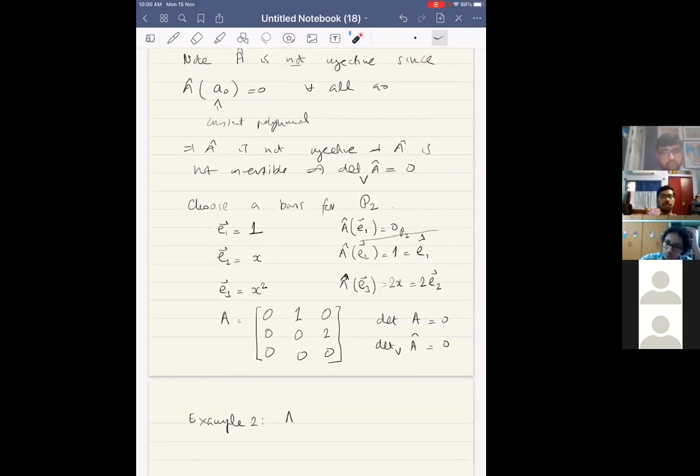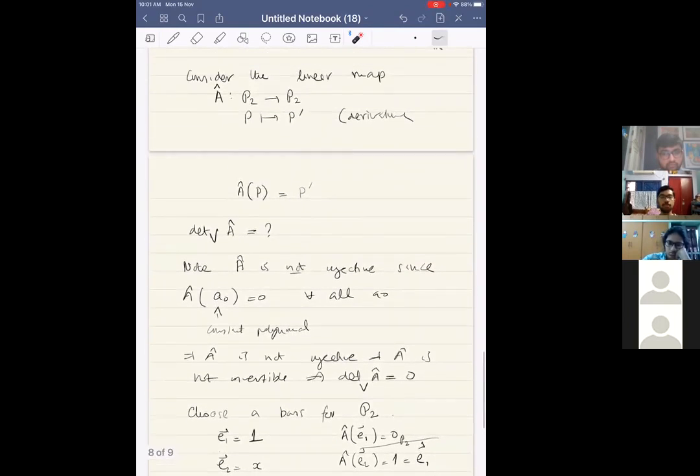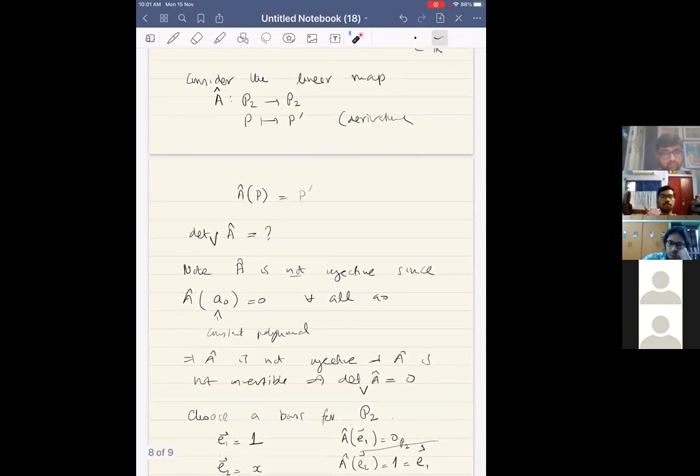Yes, A hat E1 will be written as A times E1. No. What is my definition of A hat? I start with the definition of A hat, and then you have to find the corresponding matrix by choosing a basis.